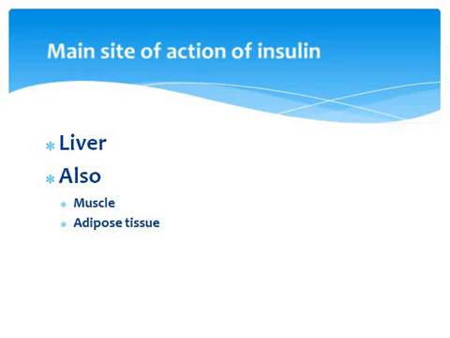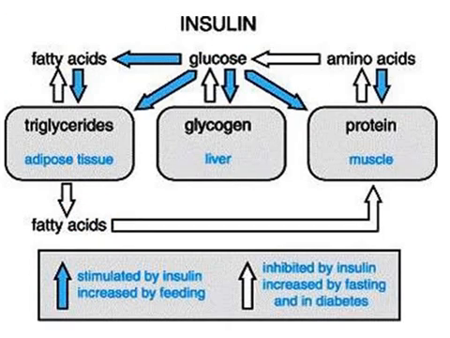The main site of action of insulin is liver as well as muscle and adipose tissue. Here we can see how glucose works through insulin. A clear chart is given here. You can see how glucose is converted to fatty acid, then fatty acid to triglyceride in adipose tissue, and from adipose tissue back to fatty acids.